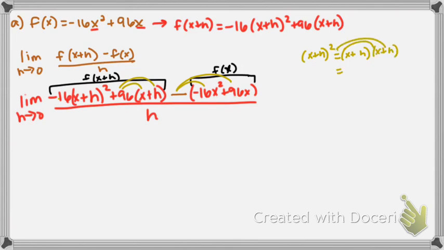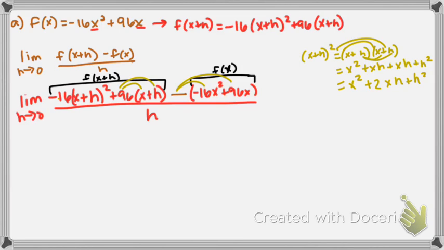So that's going to be x squared plus xh plus xh plus h squared. So x squared plus 2xh plus h squared. And again, some of you might have already learned how to square a binomial in your head. Please feel free. You do not have to write that down over there unless you want to.